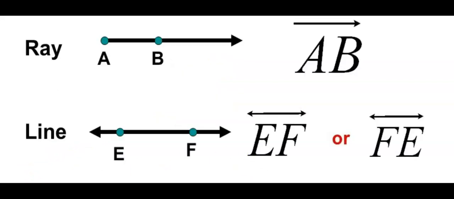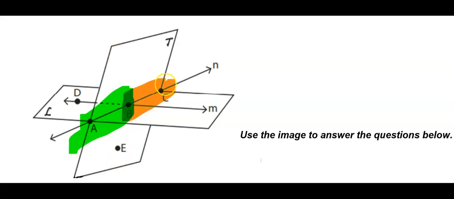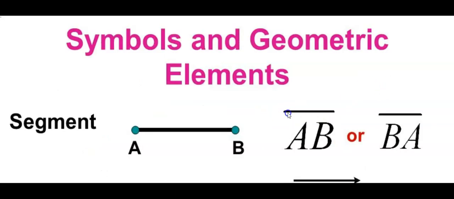A line segment, you could either select these 2 points, A and B, they're 2 points on the line, or you could select these 2 points here. And when we're writing it out, keep in mind that a line segment is just a bar over top without the arrows.